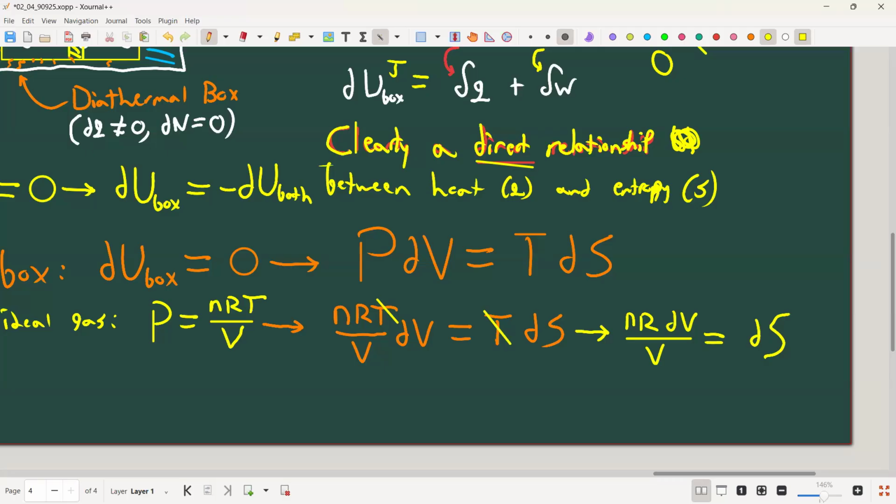I've got some little chunk here. And what I can do is integrate that chunk. If I say that the small change in entropy is equal to the small change in volume times some function of volume, I can figure out the total change in entropy by integrating both sides. So let me add an integral sign to both sides.